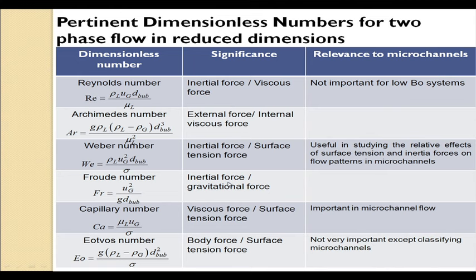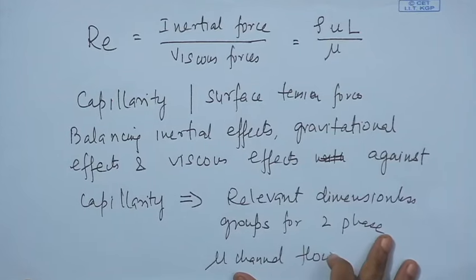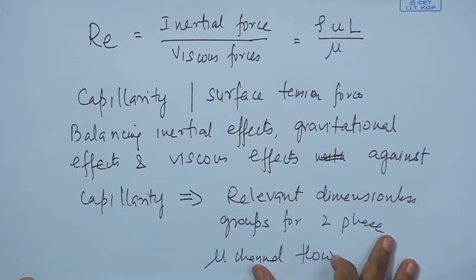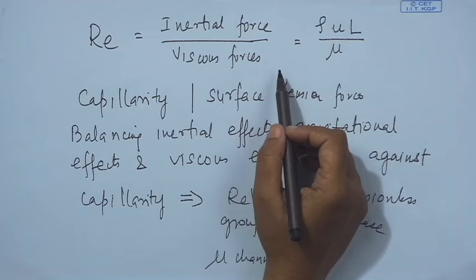Now, if you observe the Reynolds number, which I had already written down here, in it we have the inertial forces as well as the viscous forces. Now, we observe that the Reynolds number does not give a very good representation of the flow in microchannels.